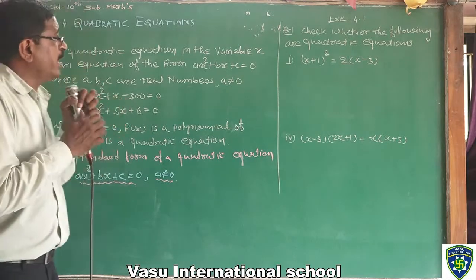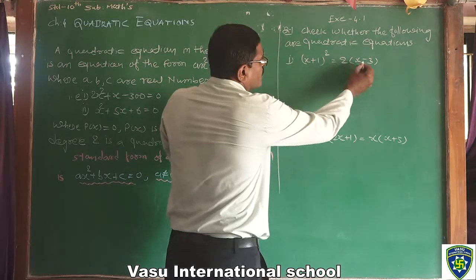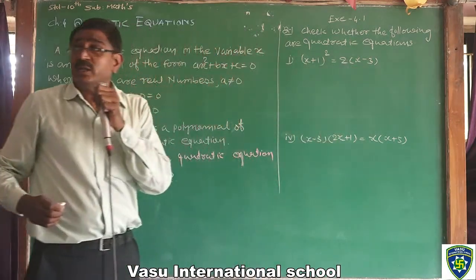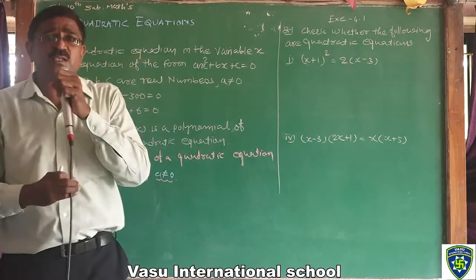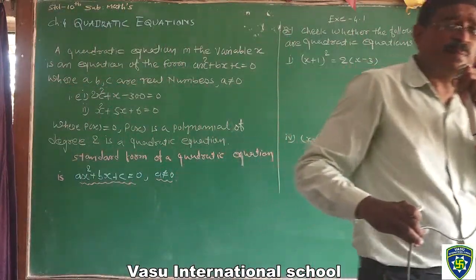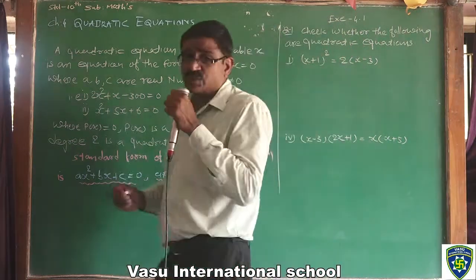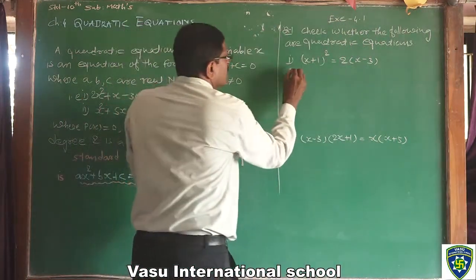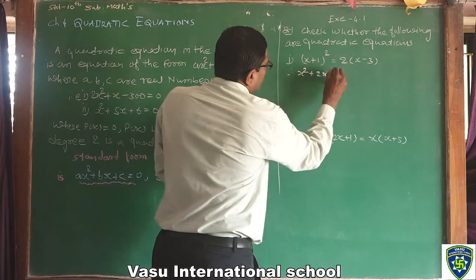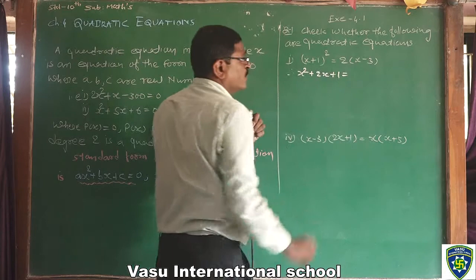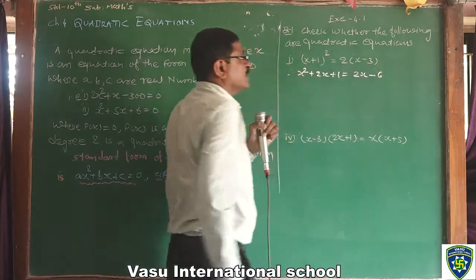Clear? Look at here. First one, x plus 1 whole square is equal to 2x minus 3. So, x plus 1 whole square is x square plus 2x plus 1, is equal to 2x minus 6.